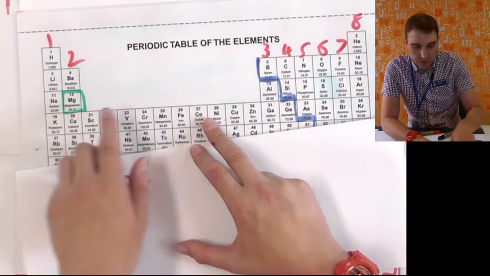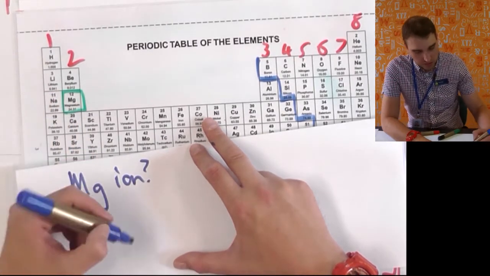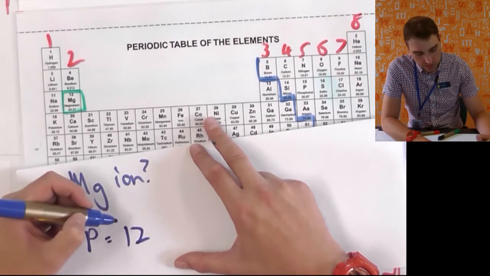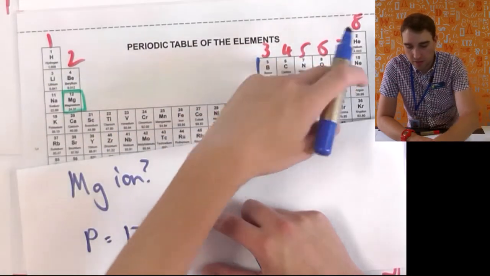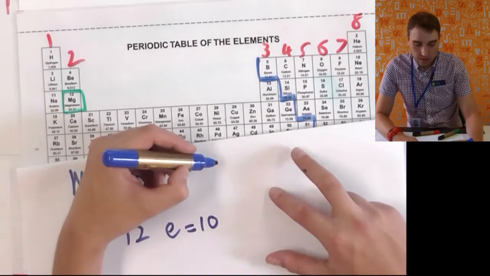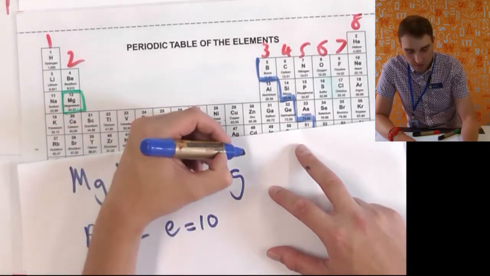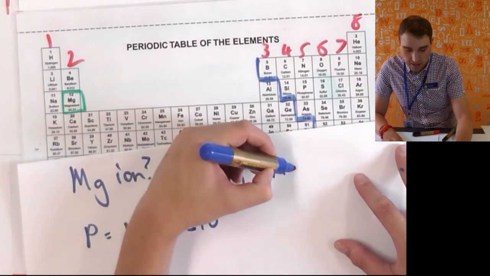Alright? So if it's losing electrons, it's going to be more stable, so it's going to lose 2 electrons. So at the moment, it's got 12 protons. The ion, though, is going to have 2 less because it's losing these electrons to make it stable. So the electron number is going to be 10. So that means it's going to have 2 extra protons than electrons, so its charge is going to be +2. And that's called the magnesium ion.